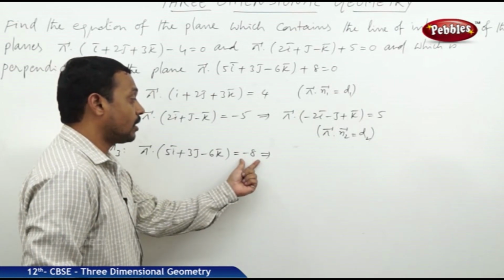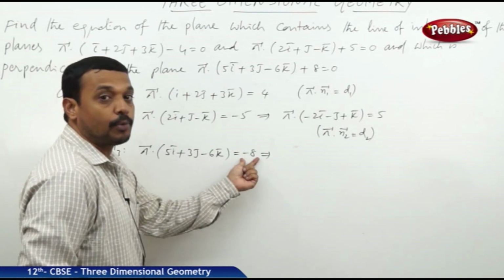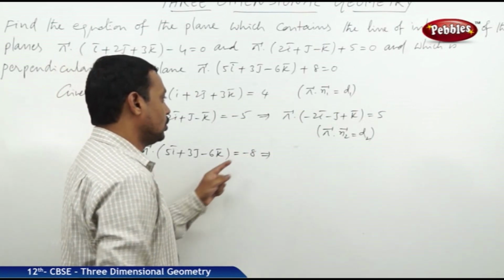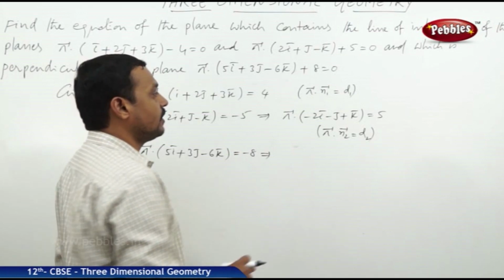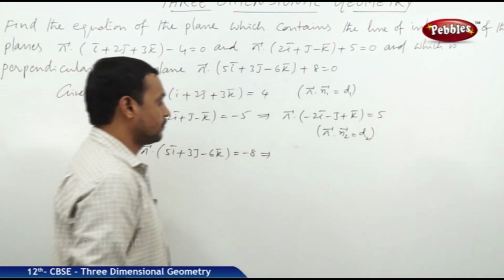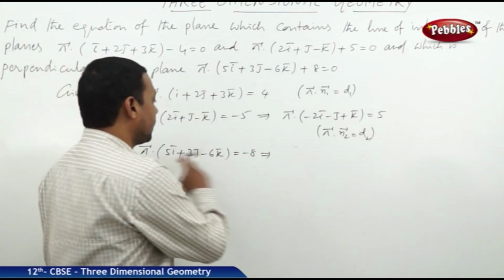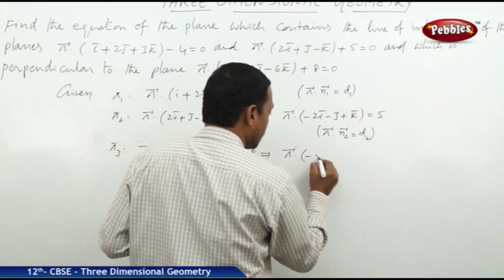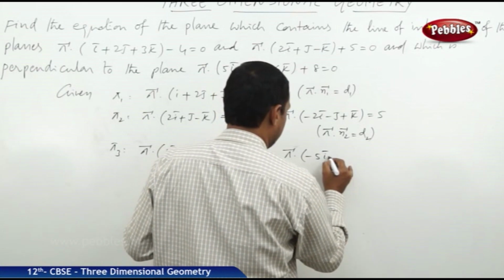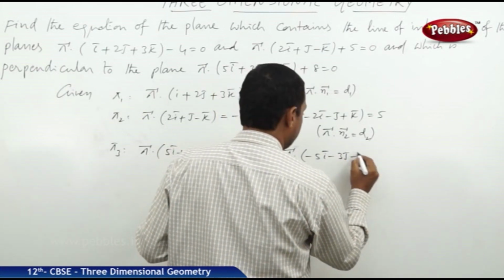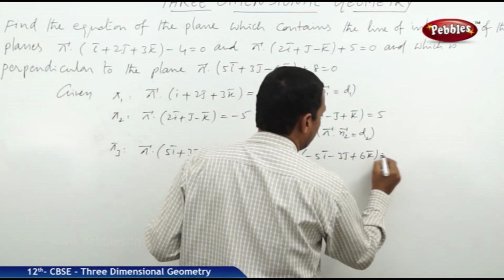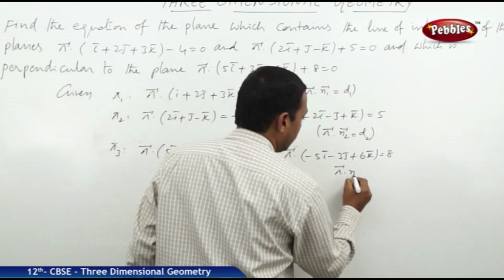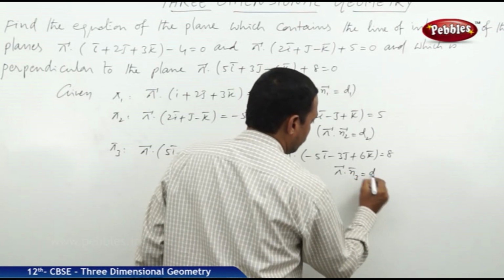Because the right side part is always a positive real number, because the RHS always denotes the distance. So multiplying with the minus sign, r bar dot minus 5i minus 3j plus 6k is equal to 8. Now this is r bar dot n3 is equal to d3.